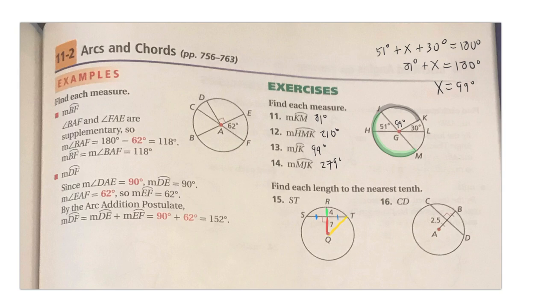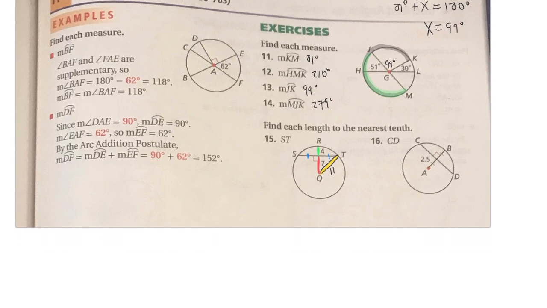If from Q to R it's 11 total units because 7 plus 4 is 11, then this yellow imaginary line that we just chose to draw is going to be 11 as well because that's the radius also, right? And then we have a triangle, with this 7 right here and 11 right there. I'll continue to color code it.